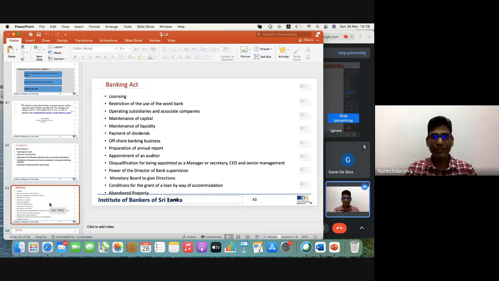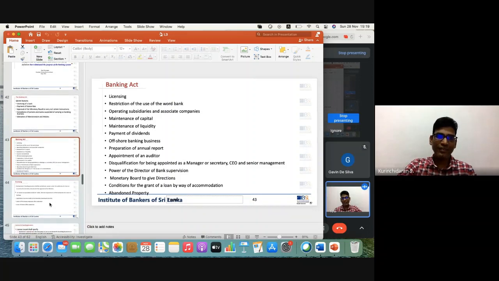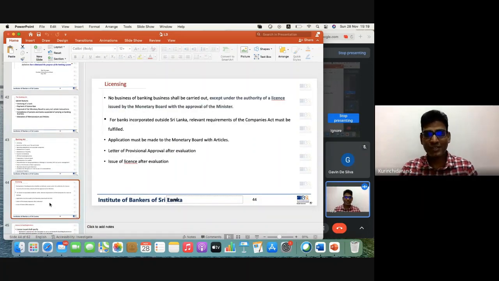The Banking Act is this kind of broad perspective, but the directions give the detailed procedure. Now, if the Banking Act says you have to maintain sufficient liquidity, then this direction will say how to do that, right? Okay. Any question?